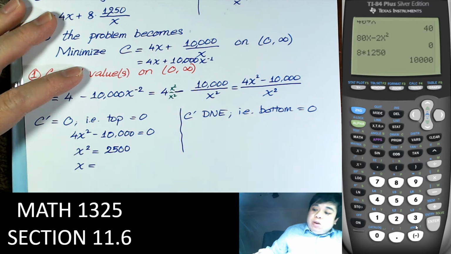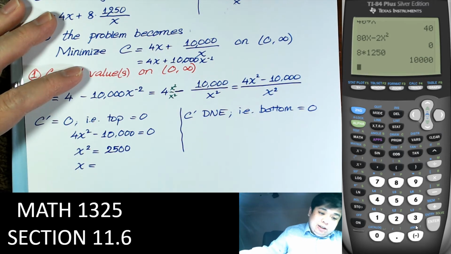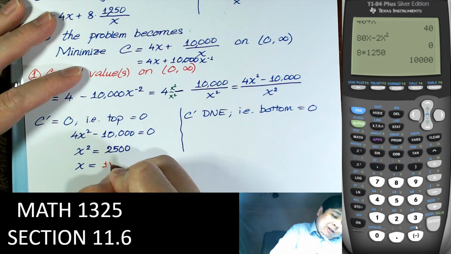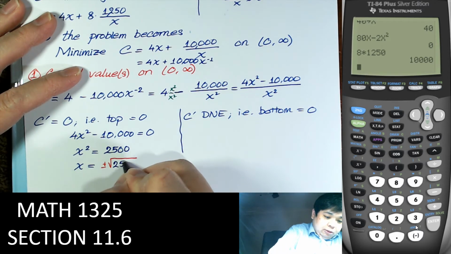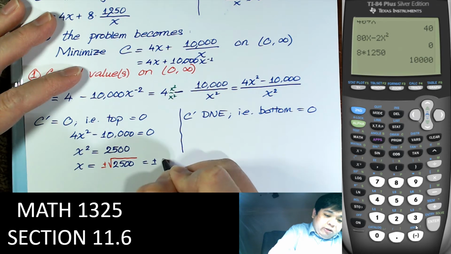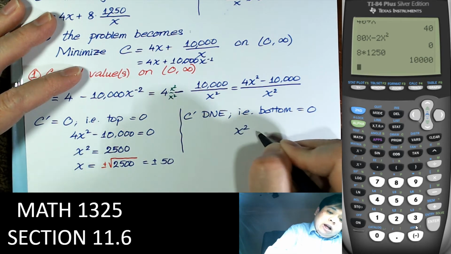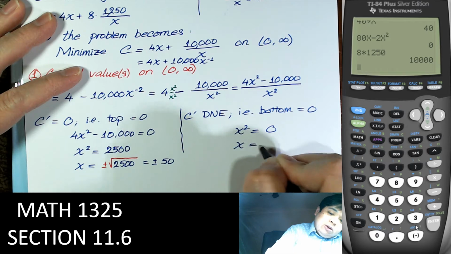Don't forget there's plus or minus. So plus or minus 50. The bottom is x squared equal to 0, so x equal to 0.